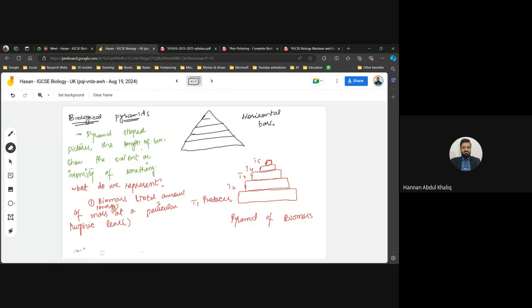In the pyramid of numbers and the pyramid of biomass, there is a very straightforward difference. The pyramid of biomass says total mass of organisms, meaning that every organism that has the capability to be a producer would be included at the producer level.